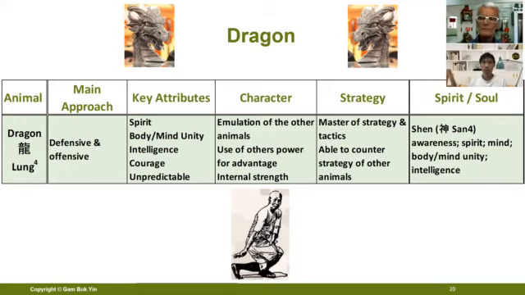Its key attributes, which we've talked a little bit about already, are the spirit, the unity of the body and mind coming together, and you see that in the movements, the intelligence and courage, and the overall unpredictability of the dragon.